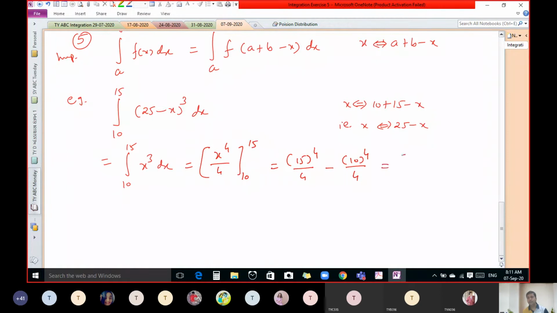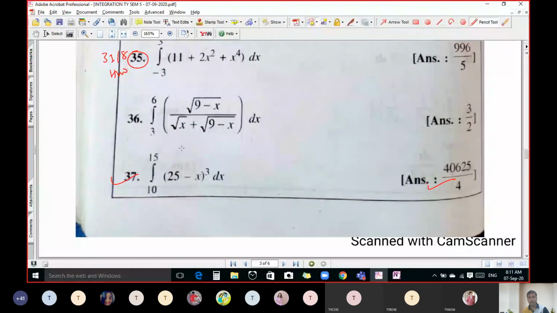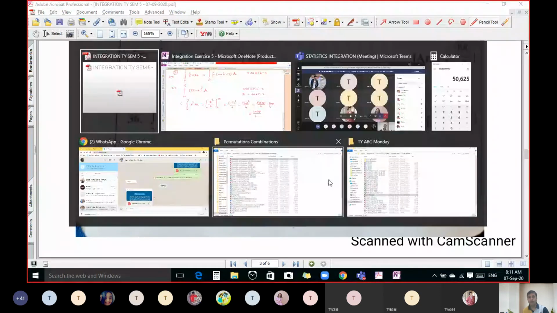So we know the answer of this, 50,625 divided by 4 minus 10,000 divided by 4. The answer is, if we take 4 as LCM, 40,625 upon 4. So the same question you can solve by two different methods.